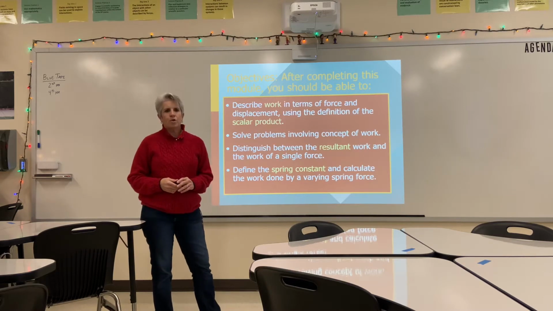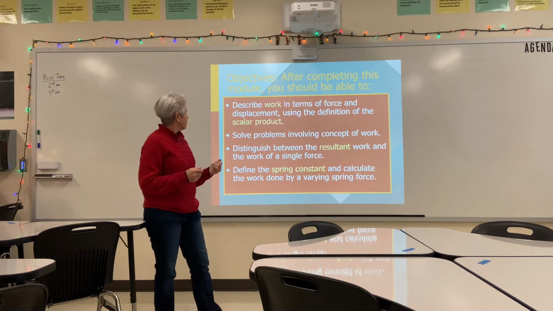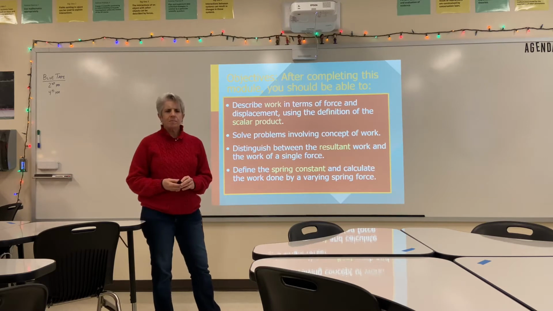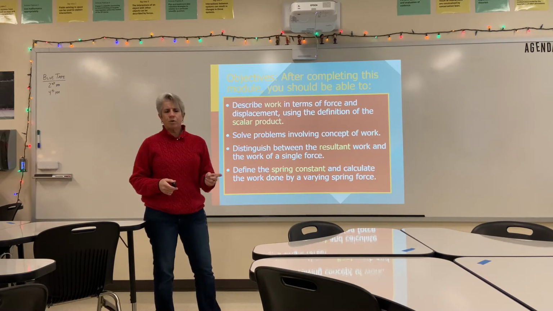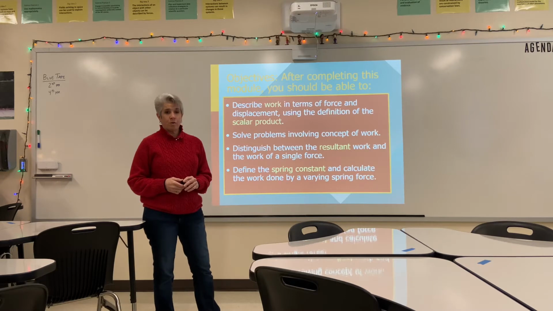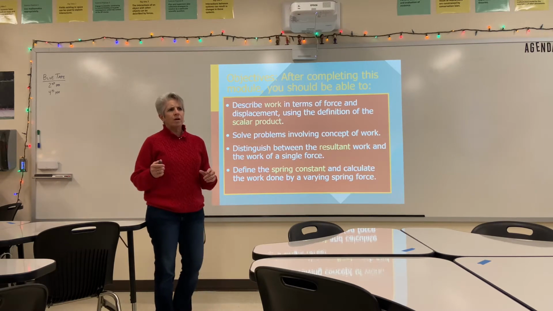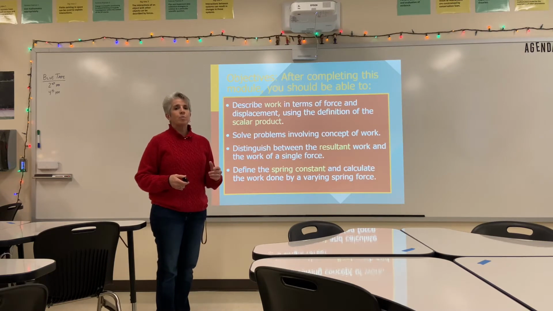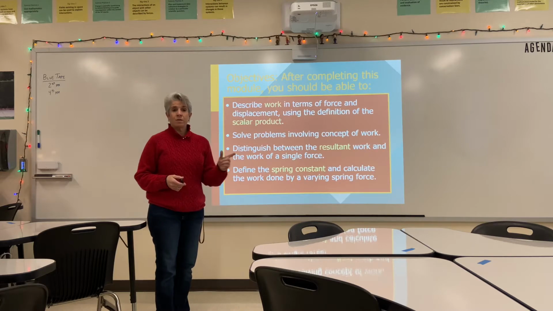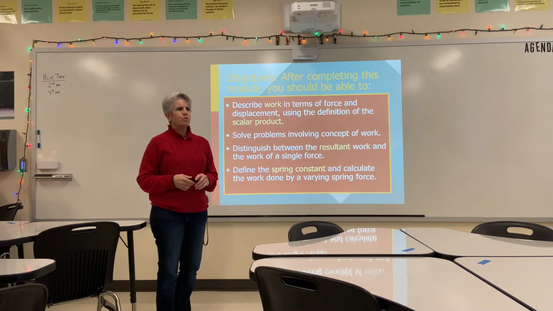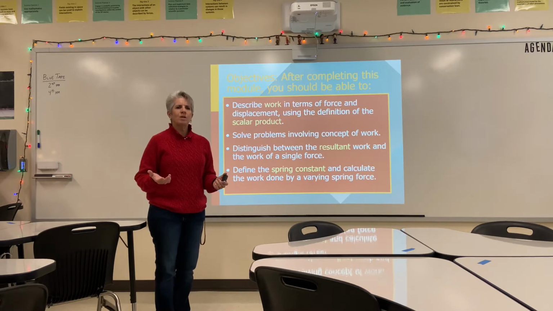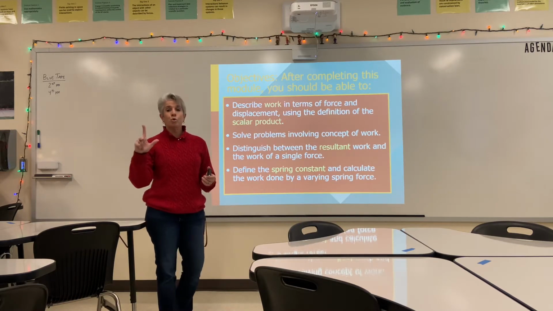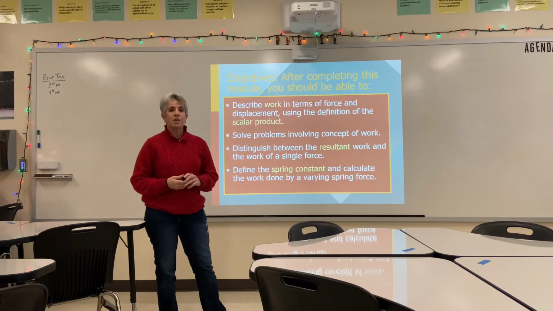So we're going to describe work as a product of force and displacement. But remember that force is a vector quantity and displacement is a vector quantity. And when we take a product, we multiply two things together. So this particular product will be a vector times a vector. Now, it turns out in physics, a vector times a vector can give us another vector, which would produce a third dimension that we would need a thing called a right-hand rule to help us identify which way that thing is going.